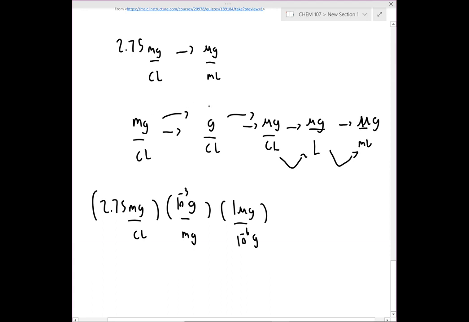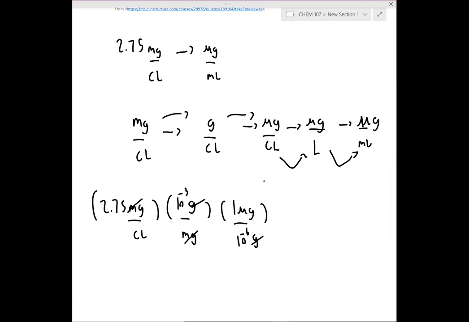Does this first series of unit conversions make sense? So in the end, we'd cancel and we'd end up with micrograms on top. Does that make sense to everyone? Does that look familiar? Yes. Okay.